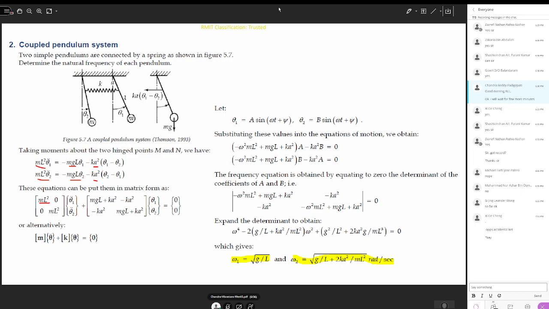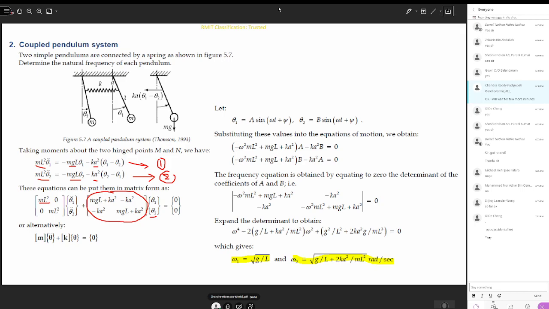Once you expand this, your stiffness matrix becomes like this, and theta1, theta2 will be your displacement matrix. So you can rearrange equations 1 and 2 by expanding and writing in matrix format, as shown here.